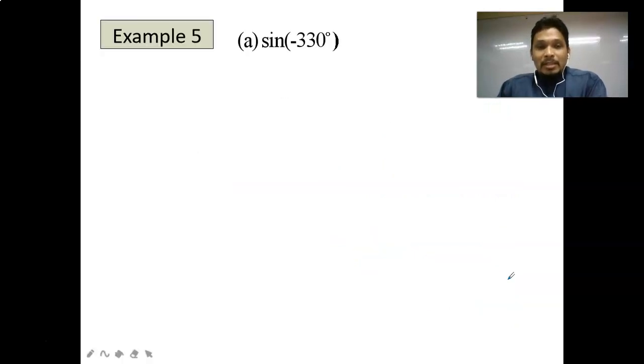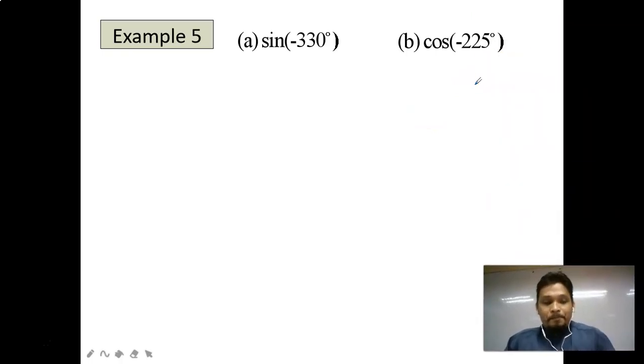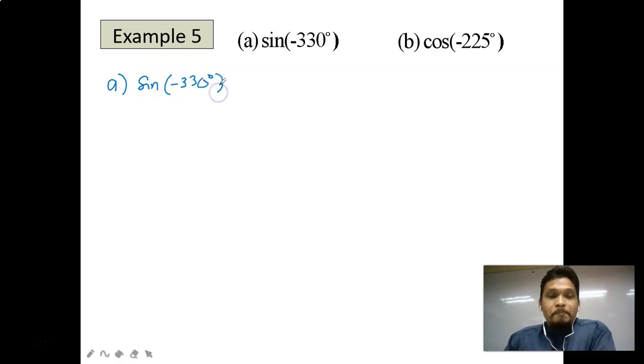Example 5. Sine negative 330 degree, and also, so the first one here, A equal to sine negative 330 degree.